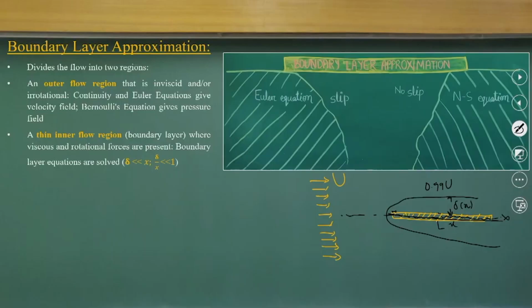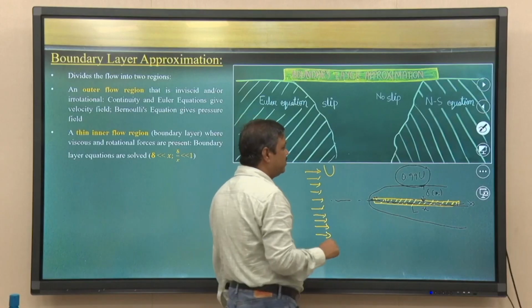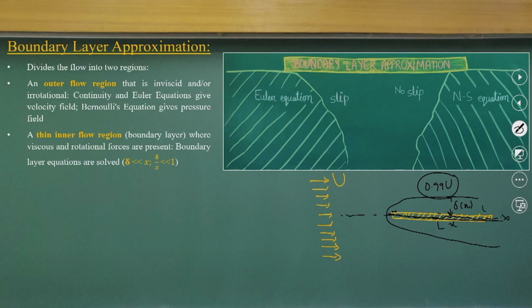So, that way we consider 99% of the velocity to define the upper boundary of the boundary layer, and the lower boundary, you know, is where the velocity u is equal to 0.